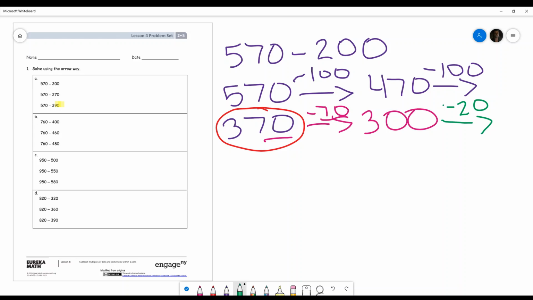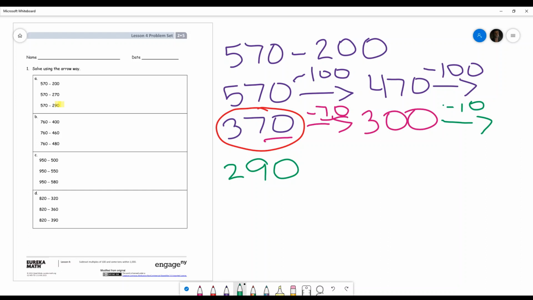So 300 minus 20, I am going to actually work in parts because it's just easier. 300 minus 10. So you're skip counting backwards by 10. So 300 minus 10 would be 290.